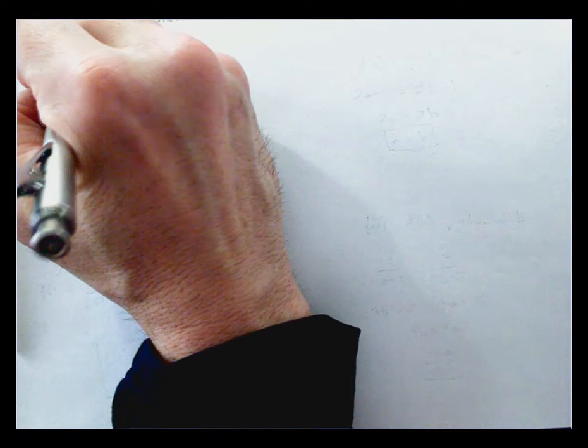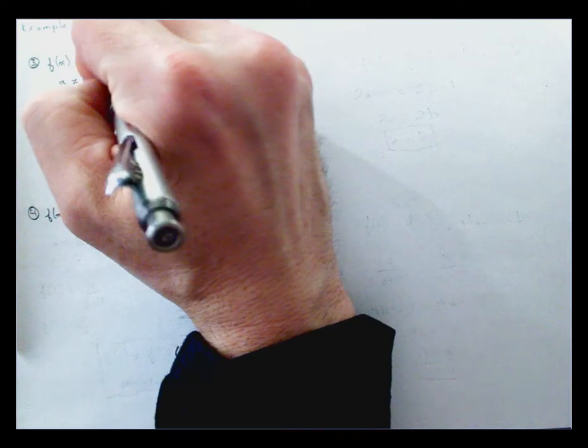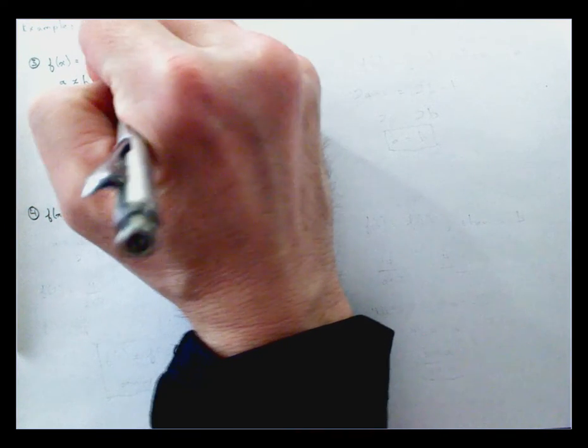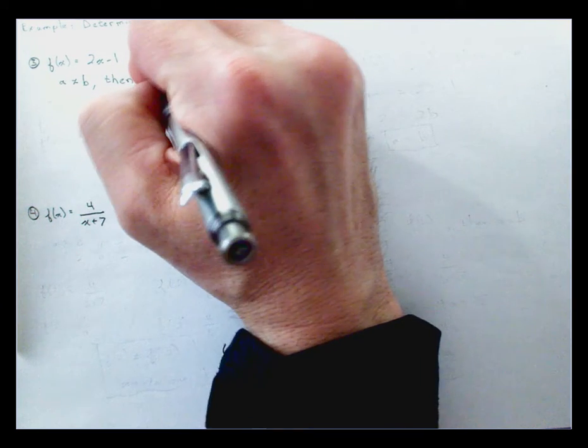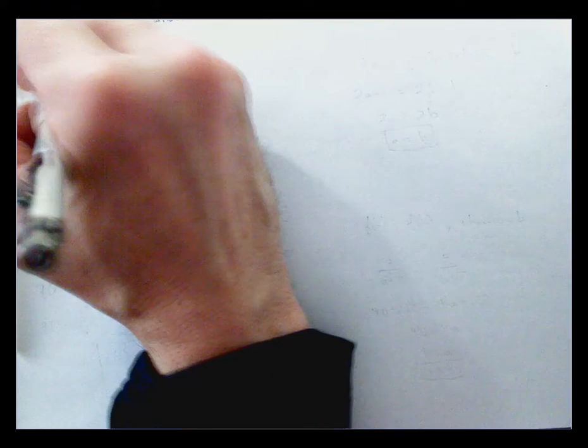So, the first way to look at it and work it is to simply say if A does not equal B, then f of A does not equal f of B. So pick some numbers.